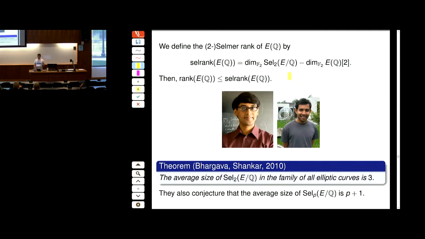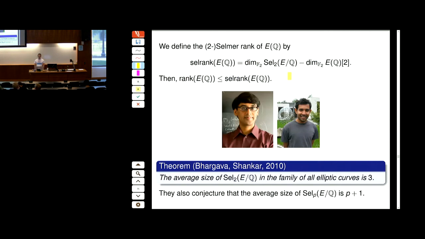And then the conjecture is that the average size of the p-Selmer group is p plus 1. And in fact, there's a conjecture that the average size of the n-Selmer group is the sum of the divisors of n. So you see that for p, the divisors are 1 and p, so that's why you get p plus 1. But in any case, we know that the average size of the 2-Selmer group is 3, so it's typically very small.